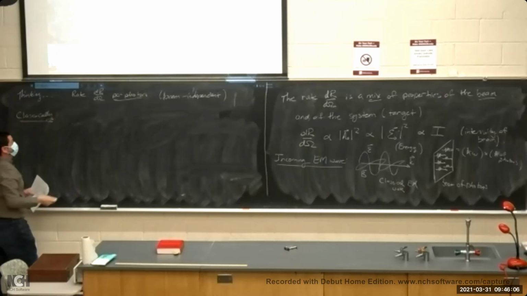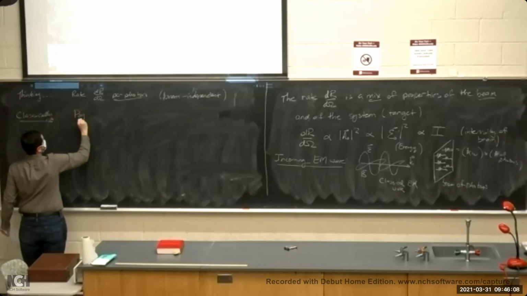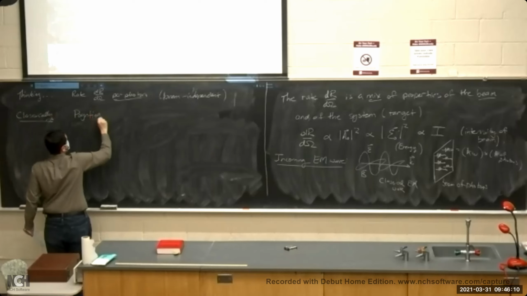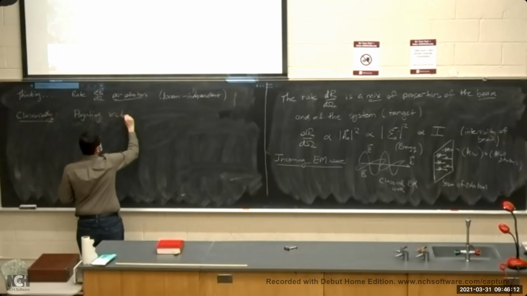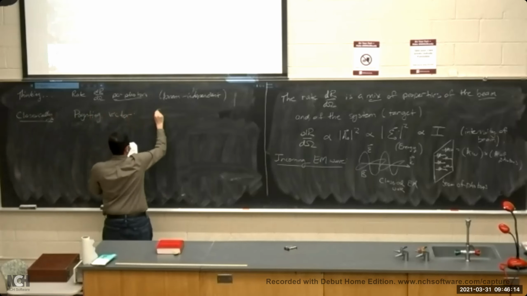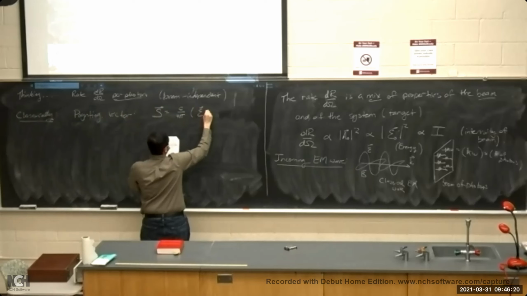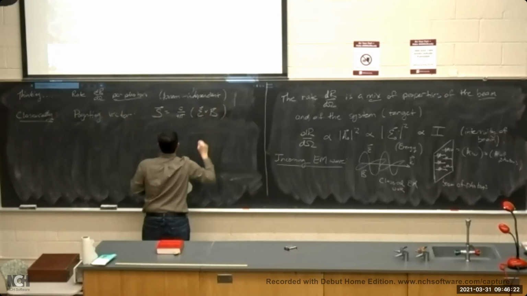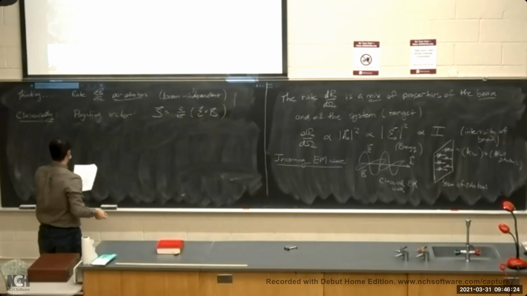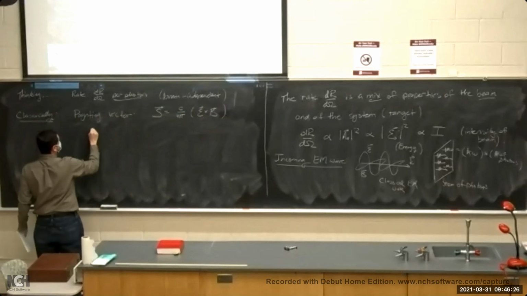So classically, that information is described by the Poynting vector. The Poynting vector is sometimes called S, and it is c over 4 pi cross product of the electric field and the magnetic field. The Poynting vector describes the energy current.